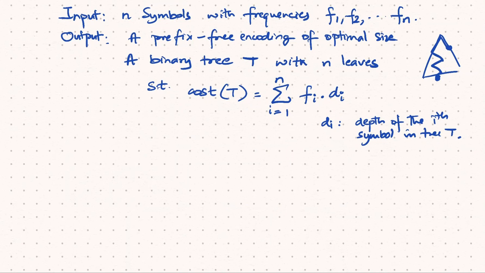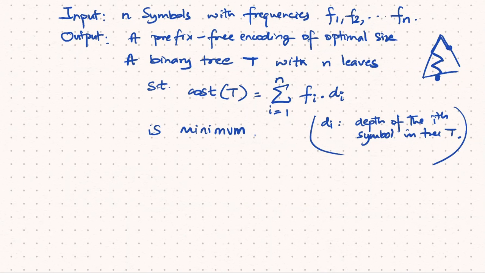That would represent a different prefix-free encoding with a different cost. So we are looking for the prefix-free encoding which has the least cost, such that this cost is minimum. We are trying to minimize this cost function on trees.